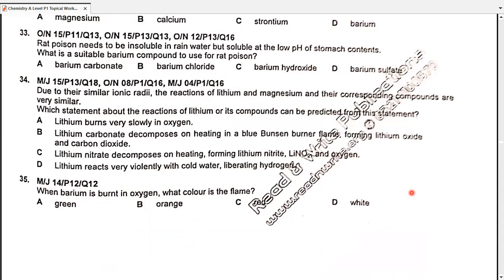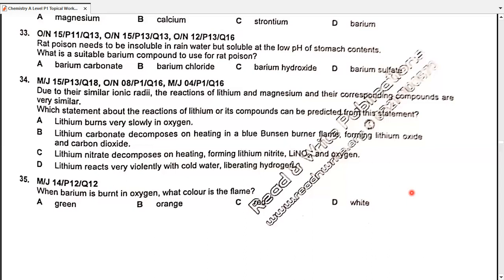Features of lithium and magnesium with the corresponding compounds are very similar. They burn slowly in oxygen. That is not it. Which statement can be predicted from this statement? Similar ionic radii and the corresponding compounds.